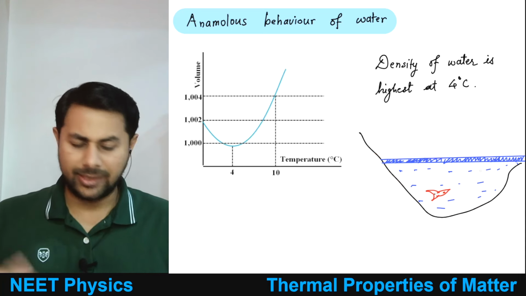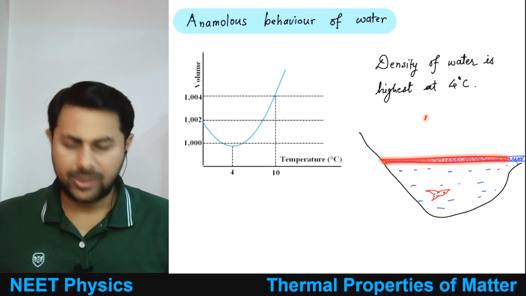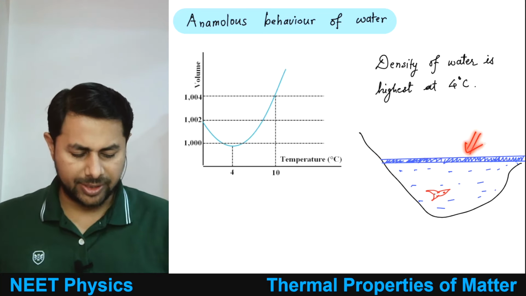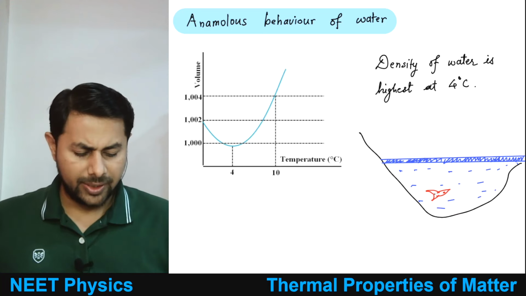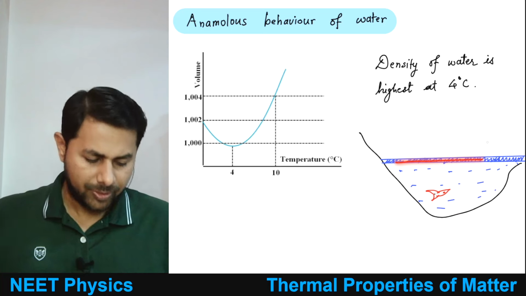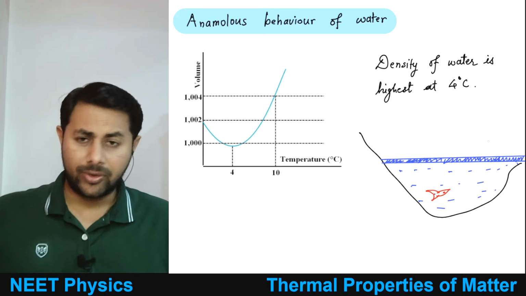The topmost layer of water is in contact with the surroundings, so its temperature falls earlier compared to the lower part of the water. Suppose it goes till 5 degrees Celsius, then it will go to 4 degrees Celsius.